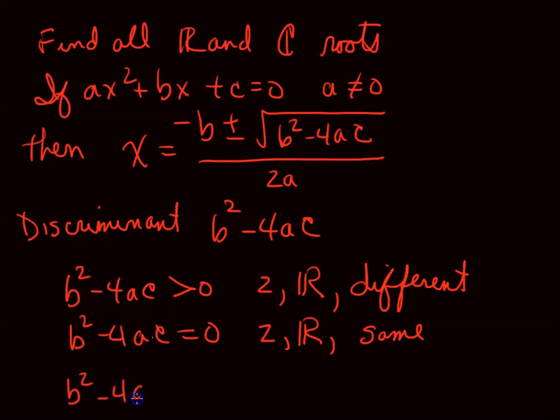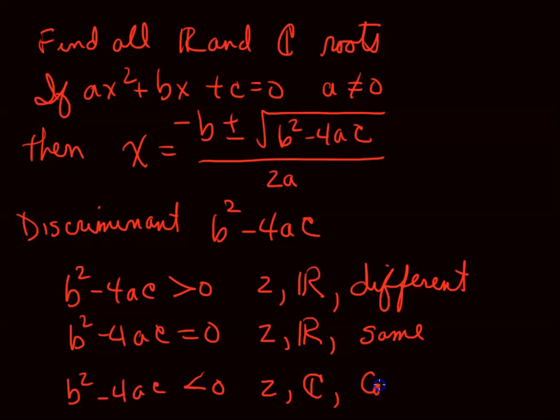If b squared minus 4ac is less than 0, well, once again, you're going to be adding and subtracting, so you have two answers. But now, because this b squared minus 4ac is negative, you'll take the square root of a negative, you'll pull your i out, you'll have a complex number. But it'll be important to recognize this is negative b plus that, negative b minus that.